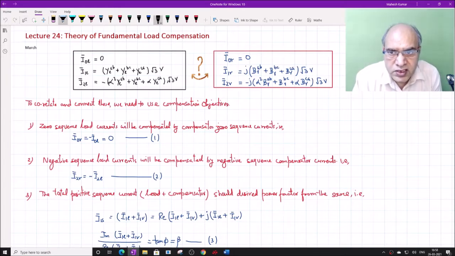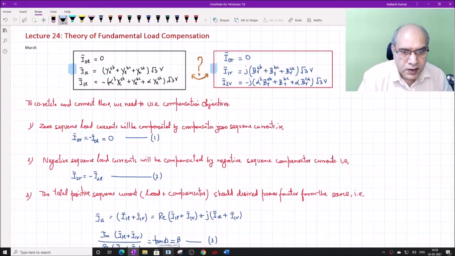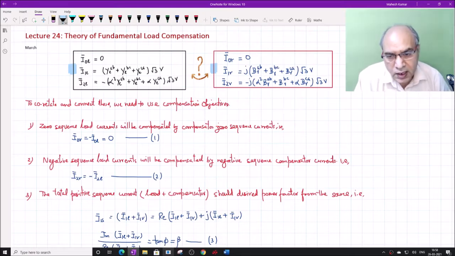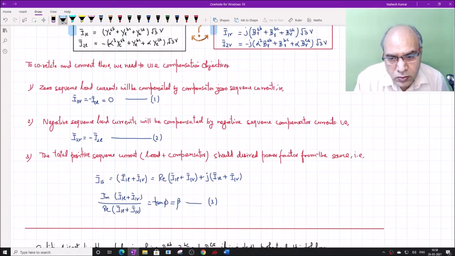There is some relationship between these two sets, and based on this relationship, or conditions of the compensation, we will have three equations. Since we have three variables, we can solve based on these three equations. I also explained that the three conditions look like this.